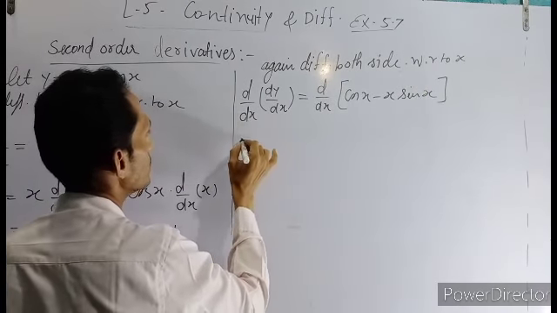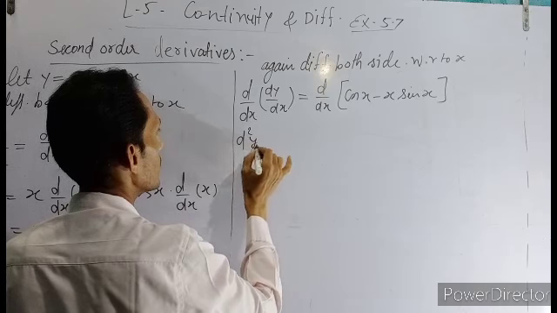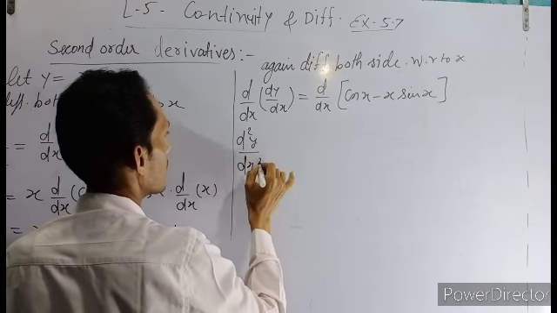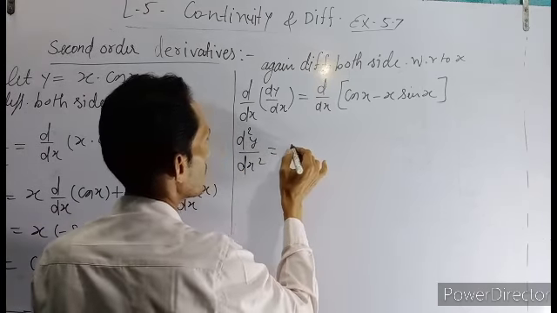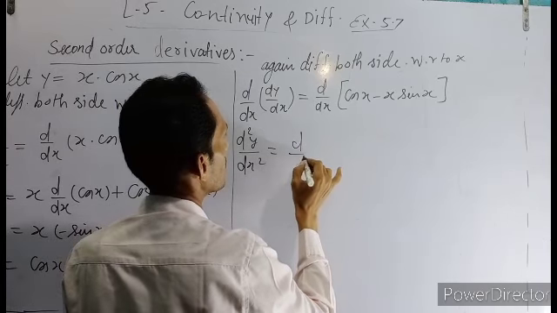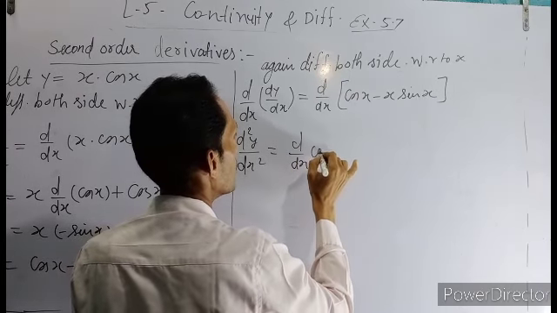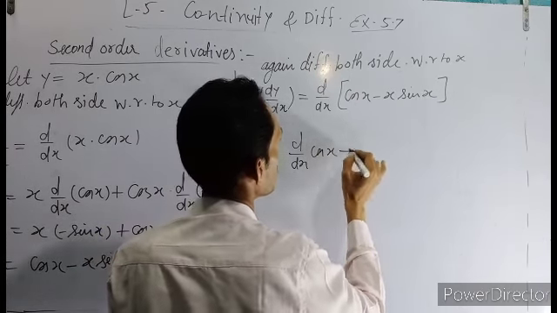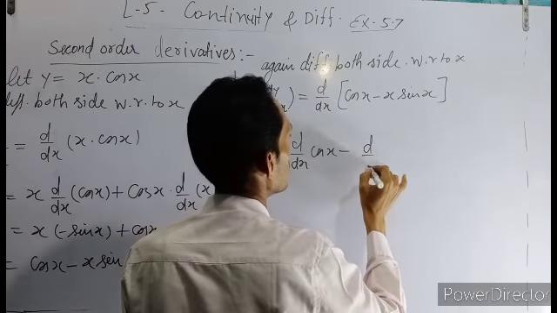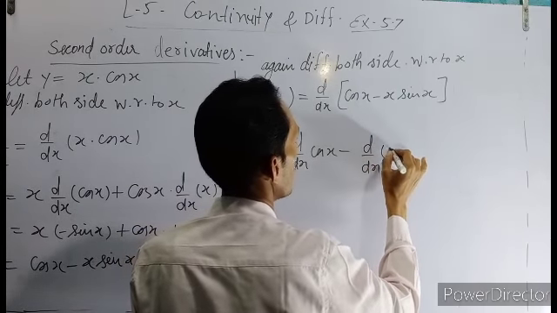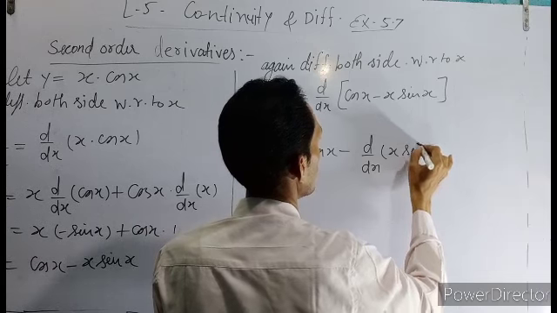Okay, that will come d square y upon dx square, that is equal to, distribute this, d/dx of cos x minus d/dx of x sin x.